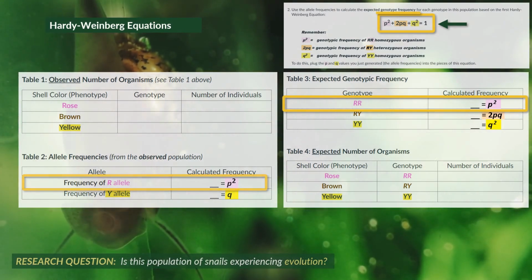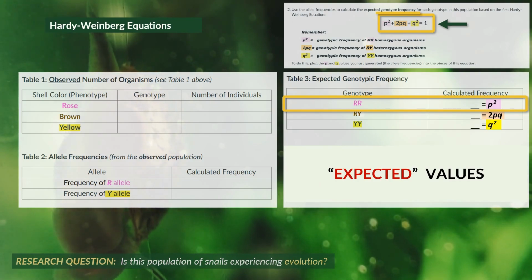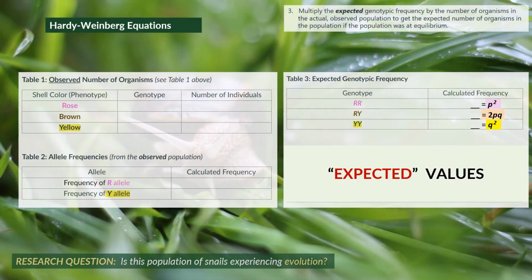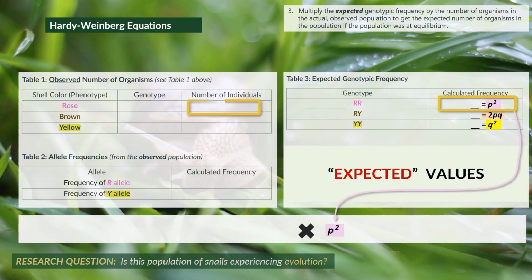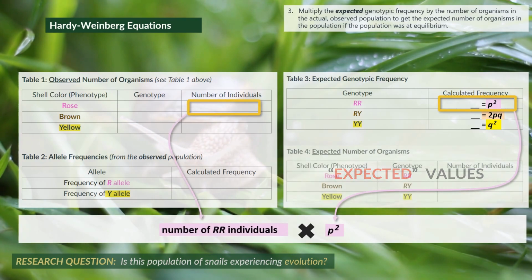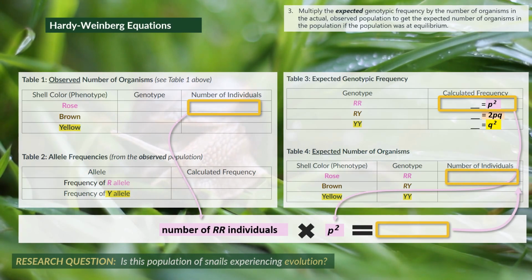These are your expected values, because these are the numbers we would expect to see if the population is in equilibrium. The next step is you're going to multiply the expected genotypic frequency by the number of organisms in the actual observed population. And this will get you the expected number of organisms in the population if the population was at equilibrium.